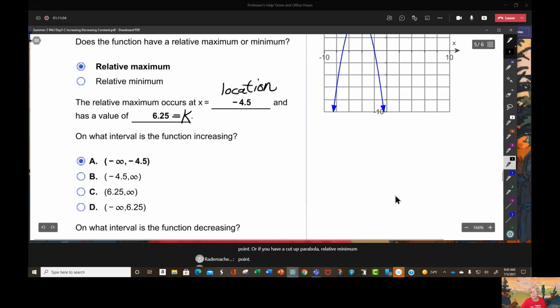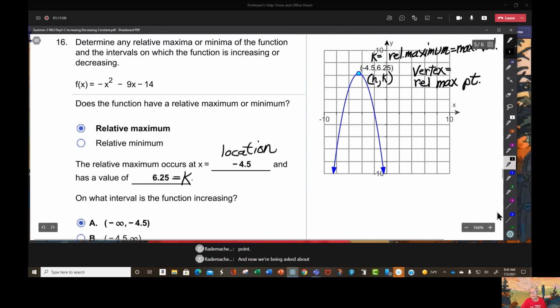And now we're being asked about increasing and decreasing. Oh my goodness. Okay, increasing, increasing, increasing, and decreasing.